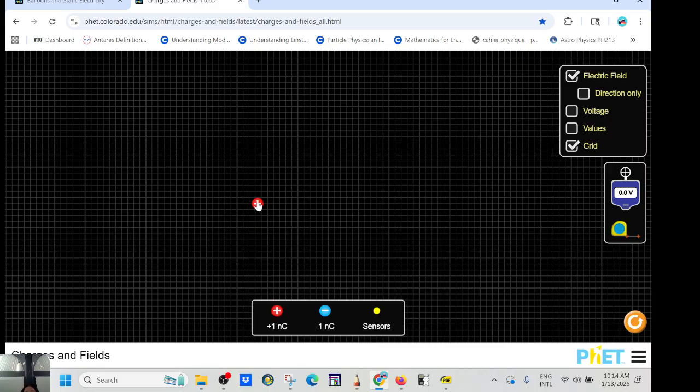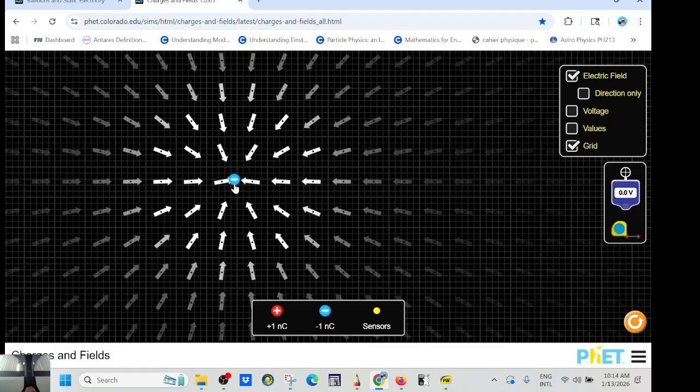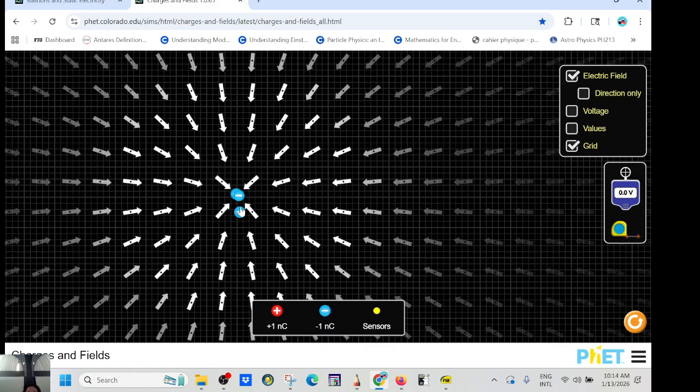So I take a source. No, this is a sink. So I take a negative charge, and I can make it stronger here. You see, it's going to generate an aura, which is called the electric field.